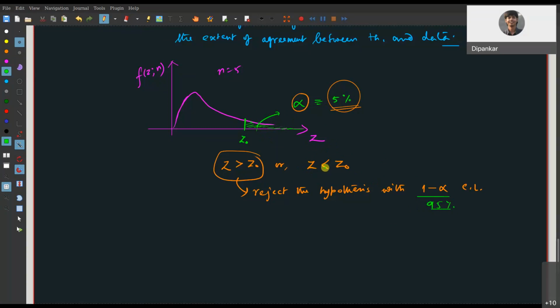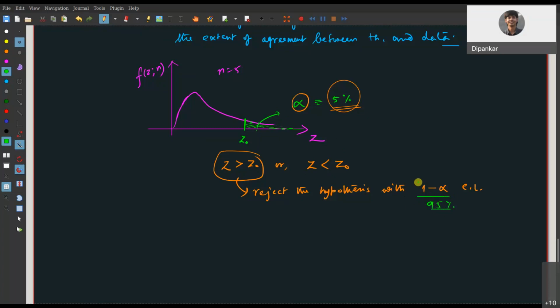You say, I do not reject the hypothesis with 95% confidence level. That means the hypothesis has some degree of truth in it. So there you go. That is how you make a quantitative statement about the extent of agreement between theory and data using the chi-square distribution.